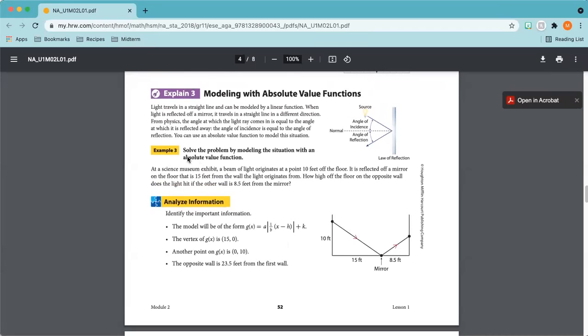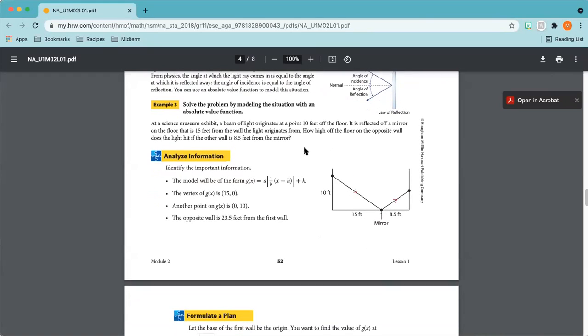So we have here a whole word problem. The Science Museum exhibit. A beam of light originates at a point 10 feet from the floor. So you can see there, 10 feet. It is reflected off a mirror on the floor that is 15 feet from the wall. How high off the floor on the opposite wall does the light hit if the other wall is 8.5 feet from the mirror?